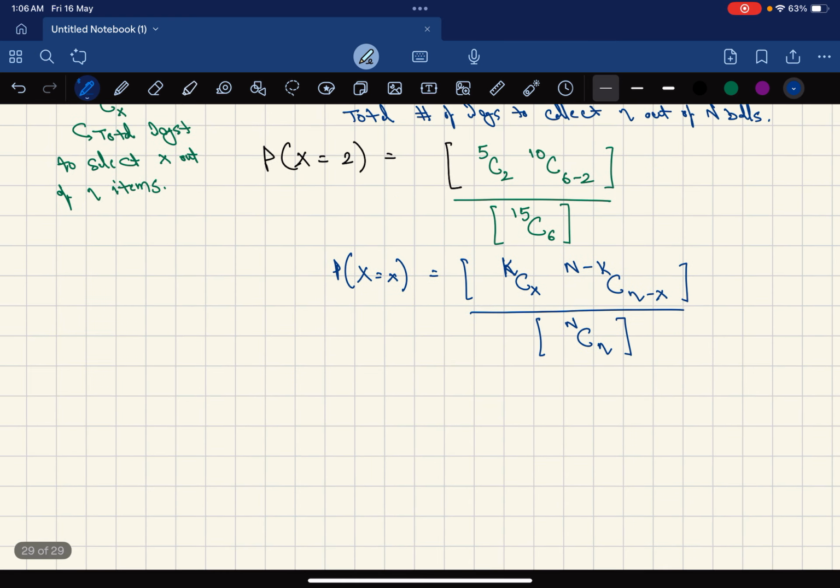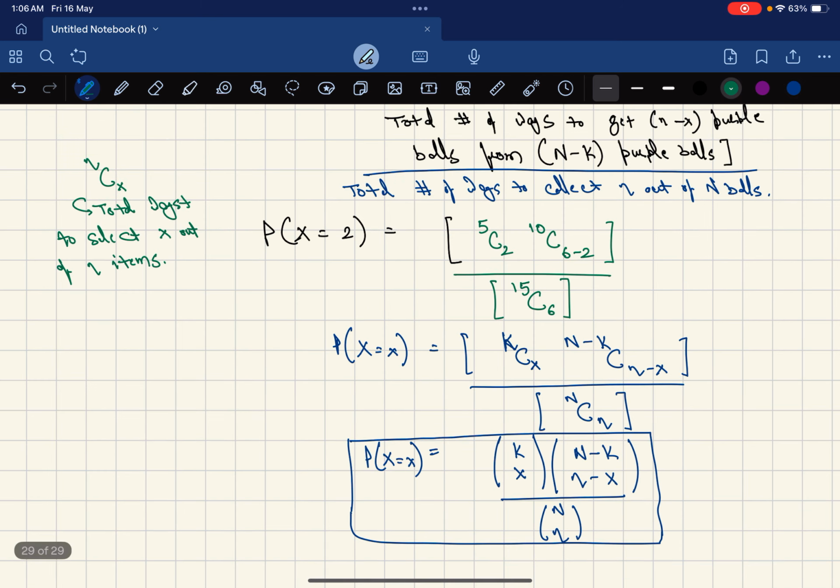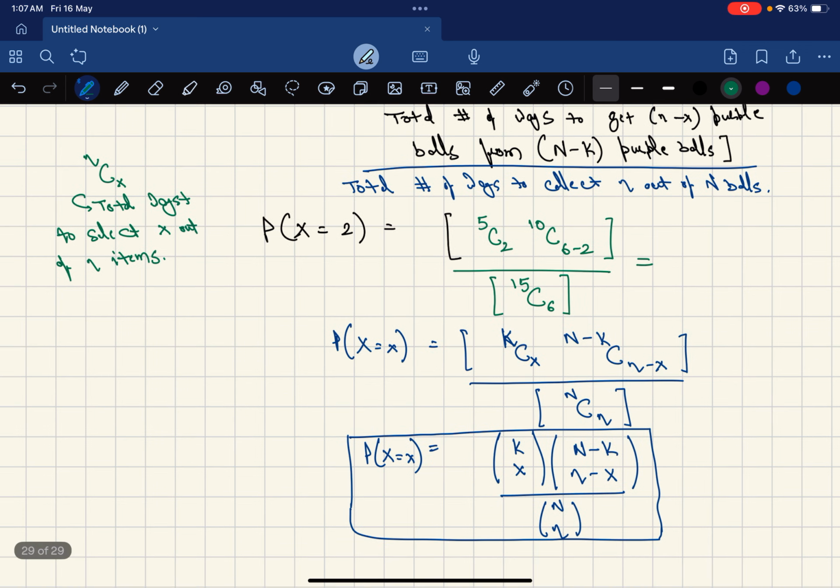Now in this case we can also write the combination operator in this particular way. So this is another way to write the combination operator. This is the required probability mass function for a hypergeometric distribution, and using this particular example which we saw here, we can actually also calculate these probabilities.